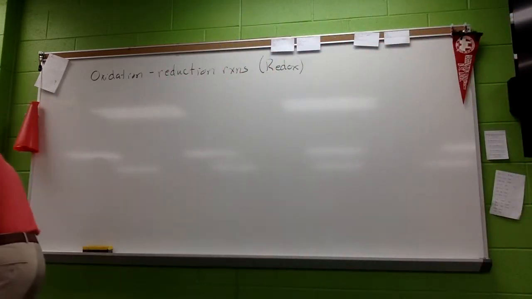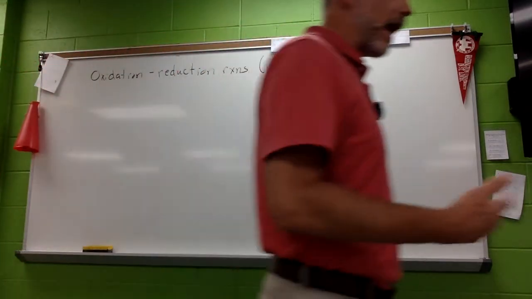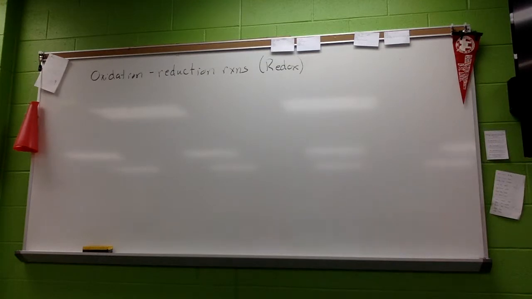So as it turns out, when you were in your first year course, you all learned 5 or 6 different types of chemical reactions: synthesis, decomposition, single replacement, double replacement, combustion, and then acid-base neutralization is just a type of double replacement reaction, if you think about it that way.